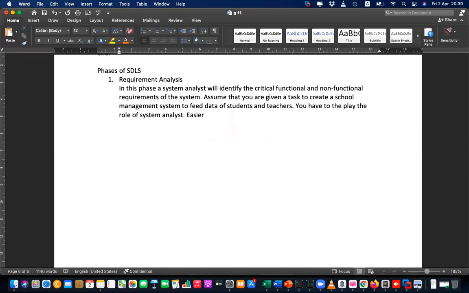The easiest way to find out the requirements is to visit the school and discuss with various stakeholders like the principal, teachers, administration, and students.